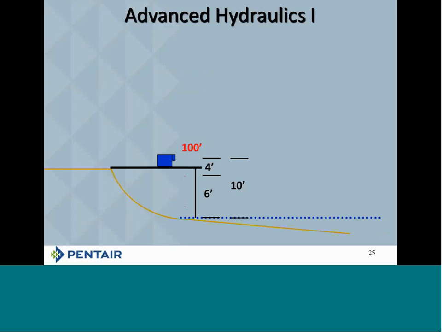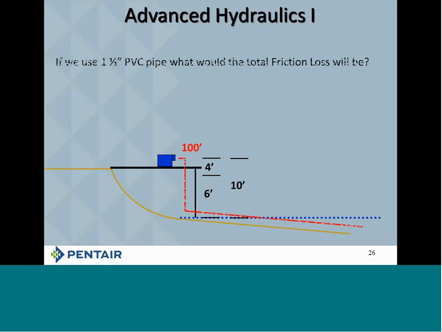So if we look at 1 1/2 pipe, all right, what will the friction loss in 1 1/2 pipe be? And again, if you look in the back of your dealer catalog, you're going to find it's 2.83 per 100. Notice what we just did? By going from 1 1/4 to 1 1/2 pipe, we just cut our friction loss in half.